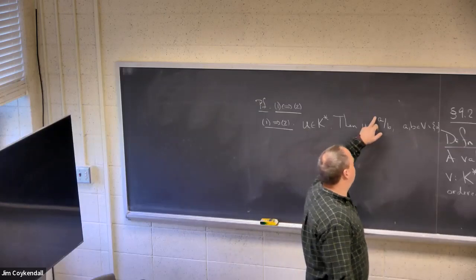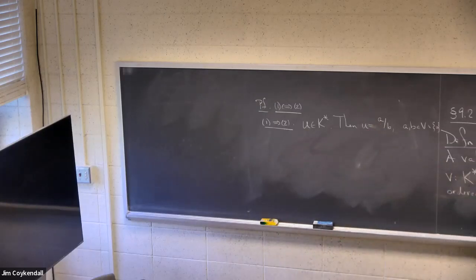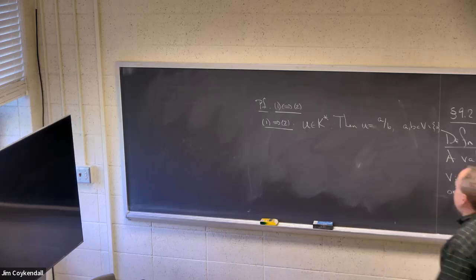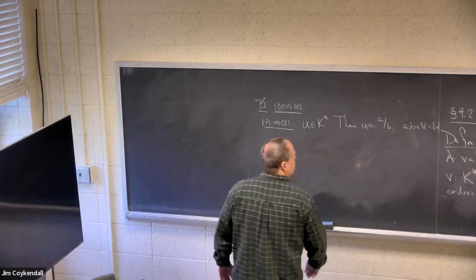Then U can be written as a fraction A over B, where A and B are both non-zero elements of V. Notice the denominator is non-zero by definition, and the numerator is non-zero because U is not 0.